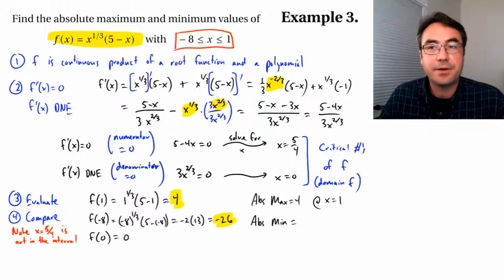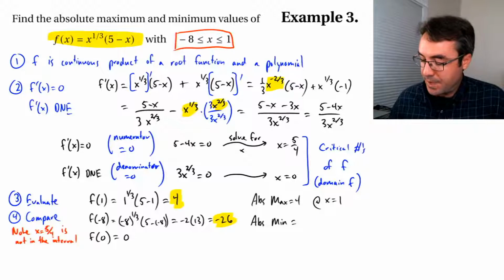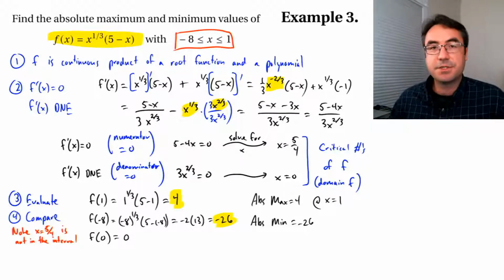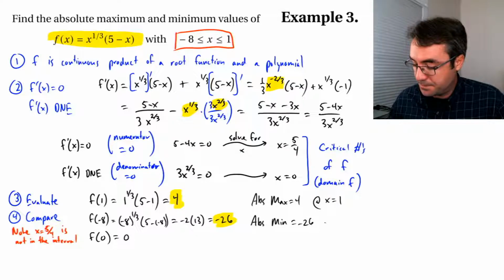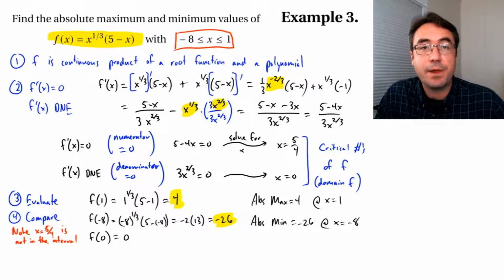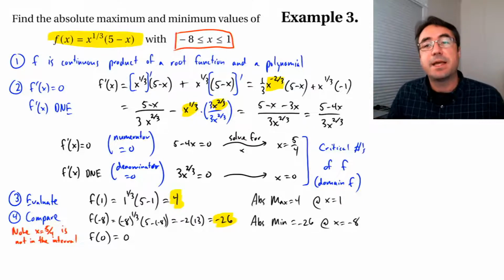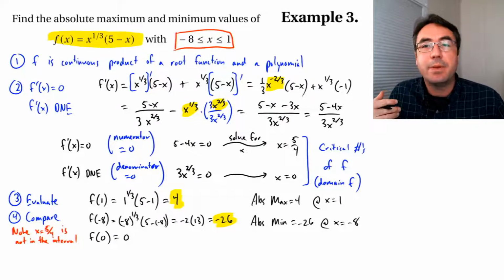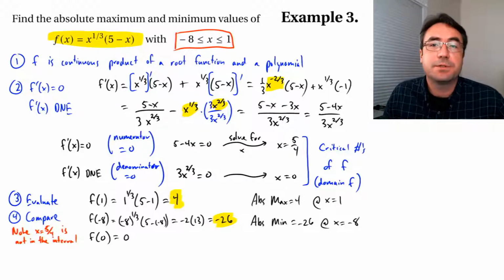It's the smallest value. So the absolute minimum value of our function is negative 26, and that happens to occur at the other endpoint. So it doesn't have to occur at both endpoints, but in this example, the max happened at one endpoint, the min happened at another. And so there's our final result.